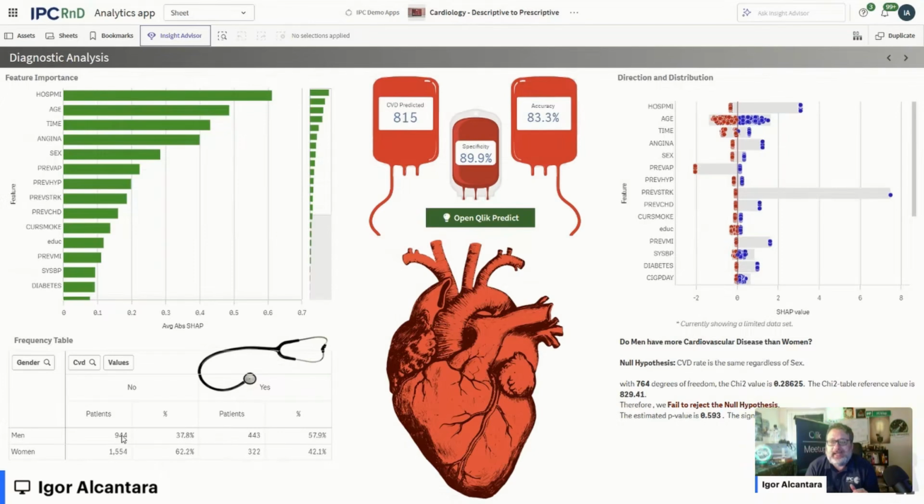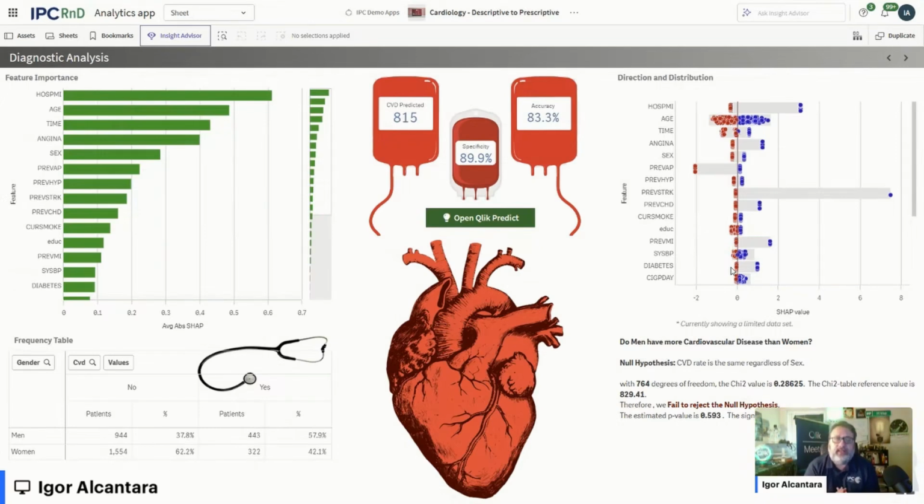So I have less than 1,000 males, and I have 1.5 thousand female, but still we have more patients predicted to develop cardiovascular disease, almost 58% against 42%. If we do hypothesis testing and test whether this difference is significant enough, we realize it is a very small p-value. So that's some other things we can add, all within the Qlik platform.